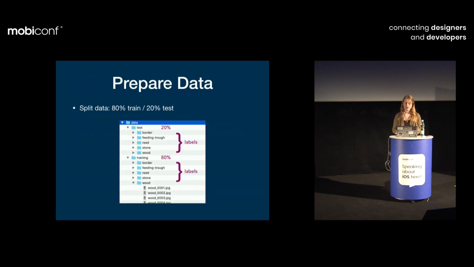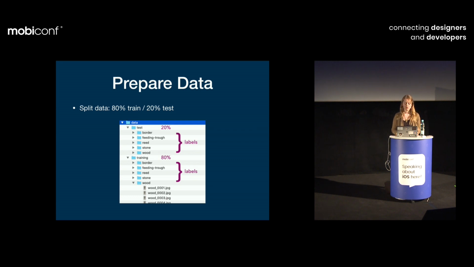So once you have that data, you need to prepare it so it's able to be used with CreateML. A recommendation, a rule of thumb even outside of CreateML, is to first try with 80% of your data in the training set and 20% in a test set. The way CreateML is going to expect this is simply in 2 different folders, one for training and one for test.